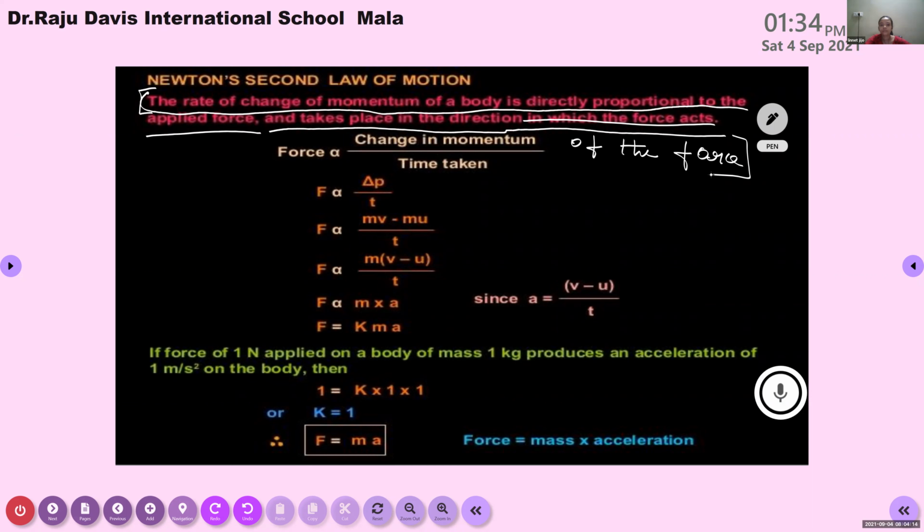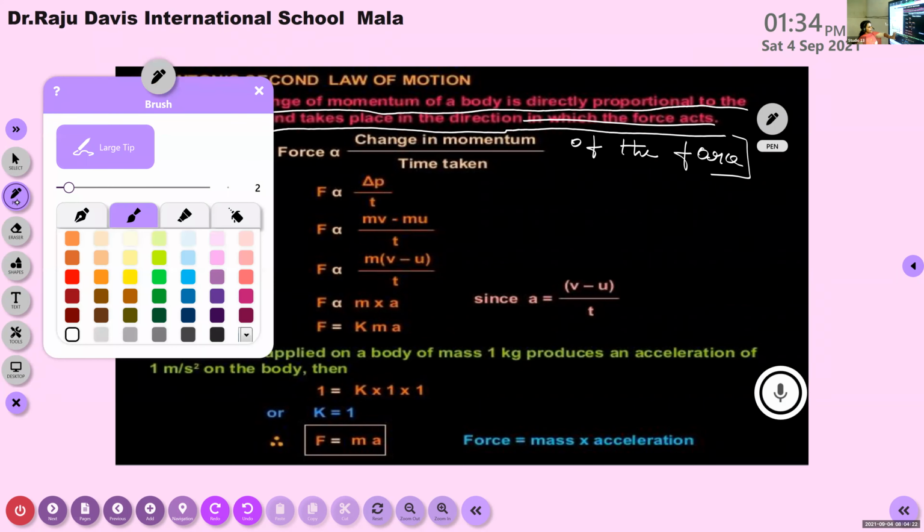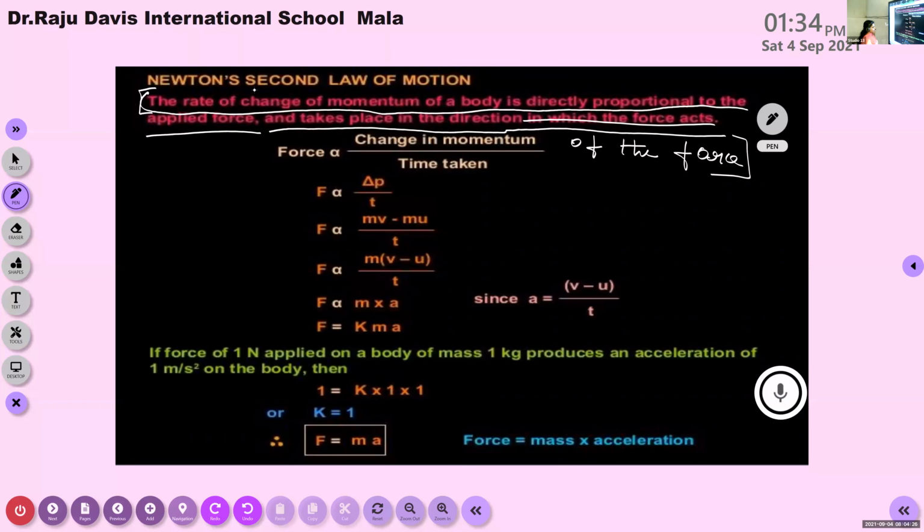Okay. So now all of you write the next heading: Mathematical expression for Newton's second law of motion. You don't need to copy down this now. We are going to derive the equation.